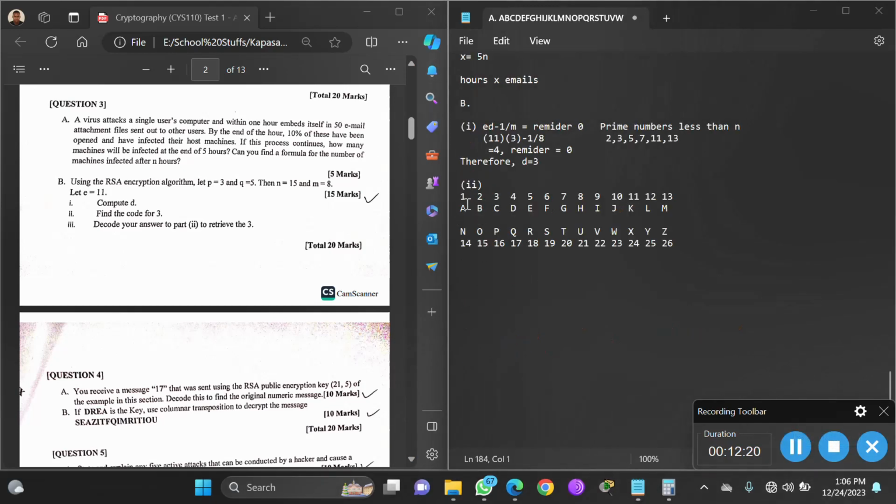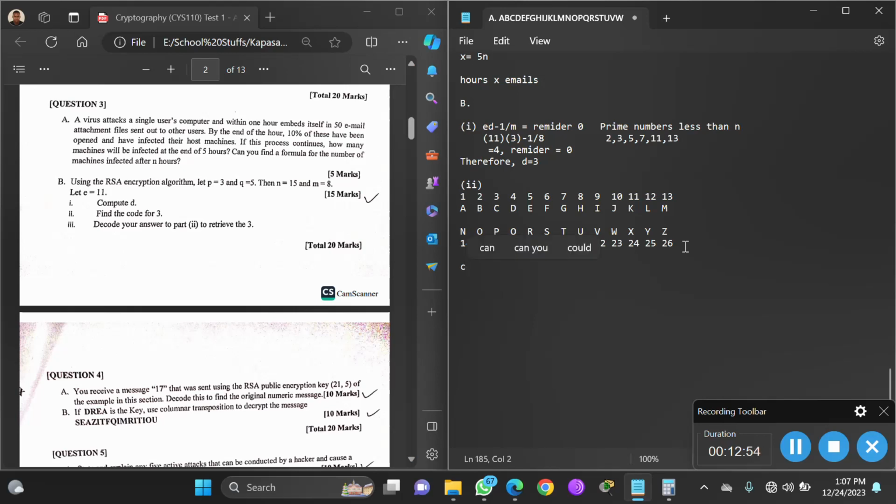For this question, you need to make your alphabet look like this so that you know the position of each letter. If they are saying the code for 3, as you can see, 3 is C. So basically we want to encrypt C so that people won't know that the actual message was C. The formula for encrypting is: when you're encrypting plain text, you get the ciphertext.